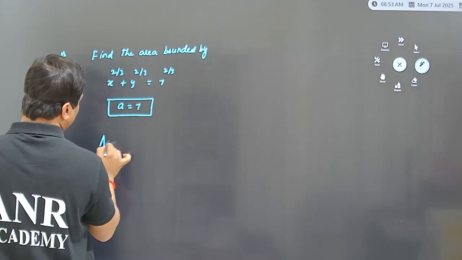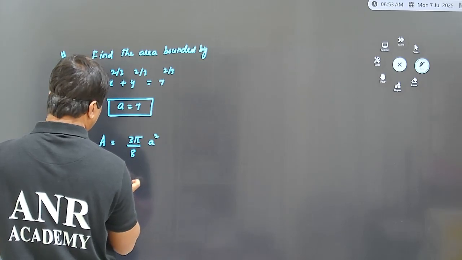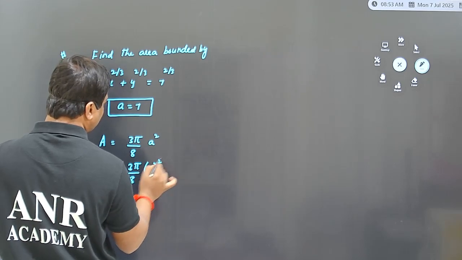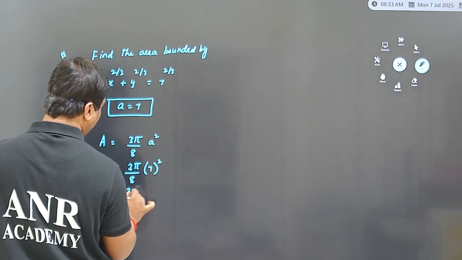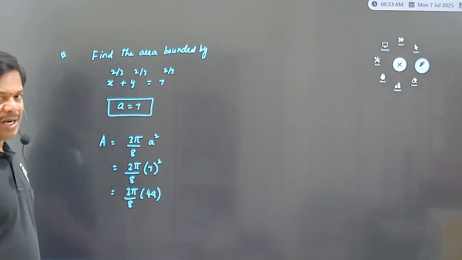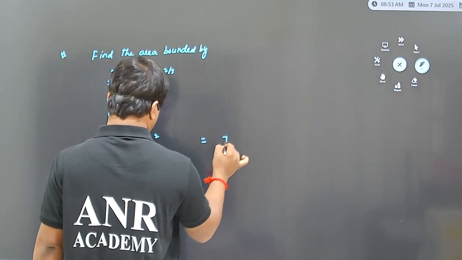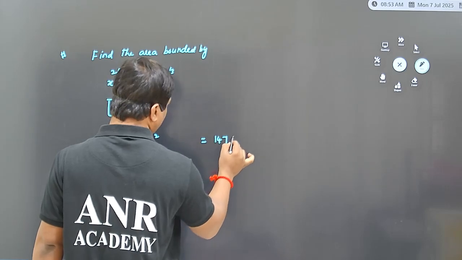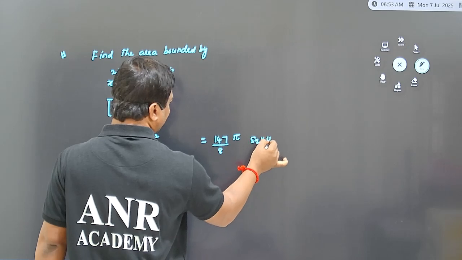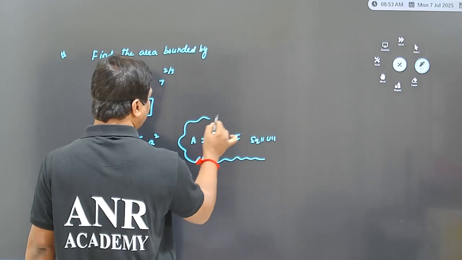And you know the short method, required area 3 pi by 8 into a square. So 3 pi by 8 multiplied by a square value, that is 7 square. So finally 3 pi by 8 into 49. 49 multiplied by 3 is 147, divided by 8, into pi. Area must be denoted with square units. So this is the required area of the asteroid.